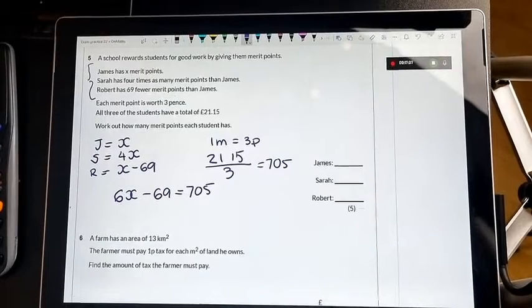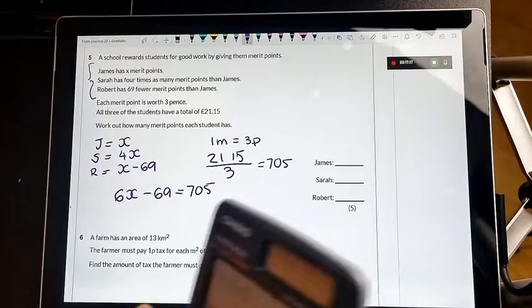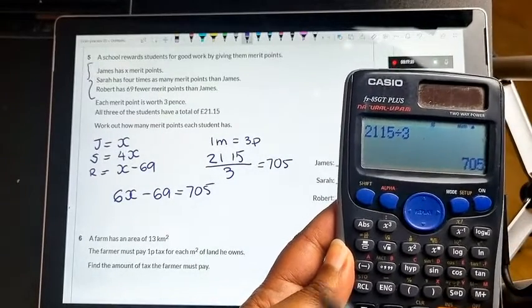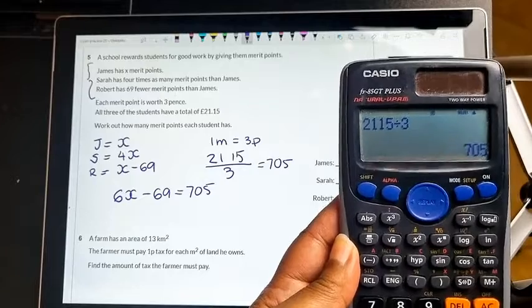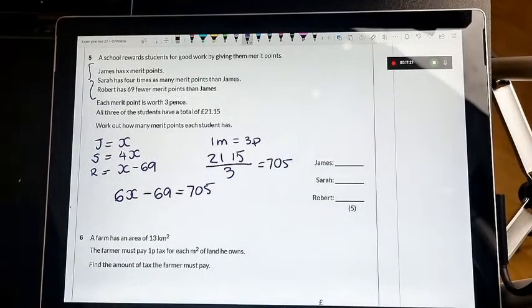It's a 5 marker, so you want to get the most out of it, okay, guys? What would be the answer? Check, is it not £7.55? Seven, yeah, it is £7.05. Correct. But remember that we converted the pounds to pence, so we removed the decimal place because it's times by 100. Good question.